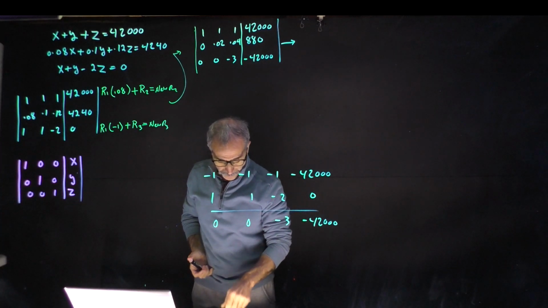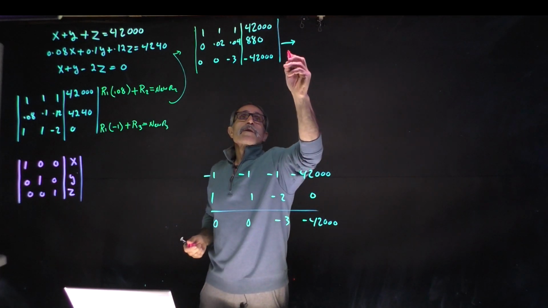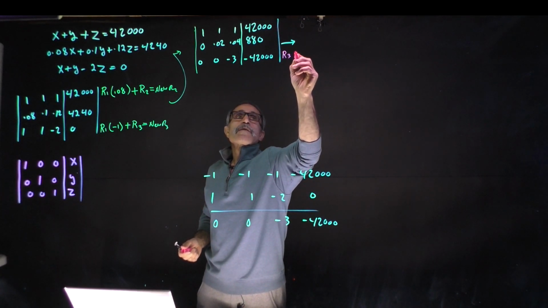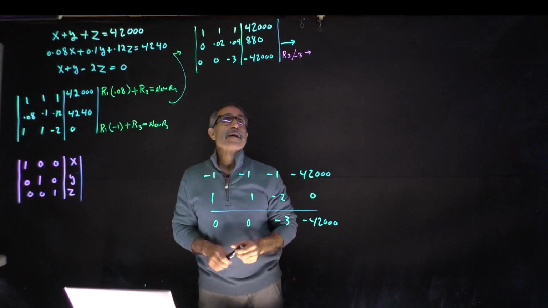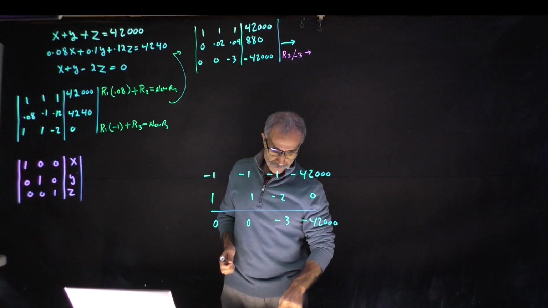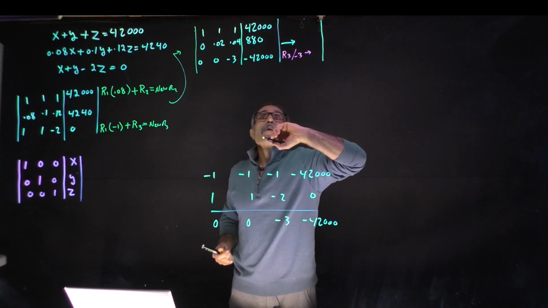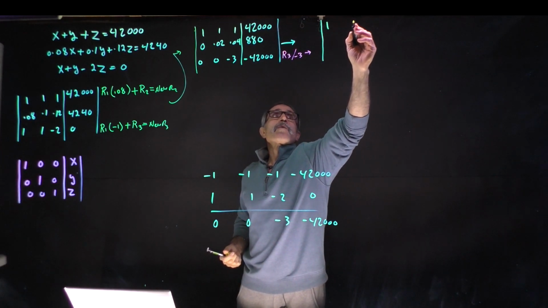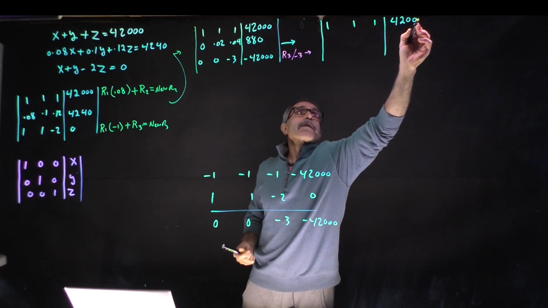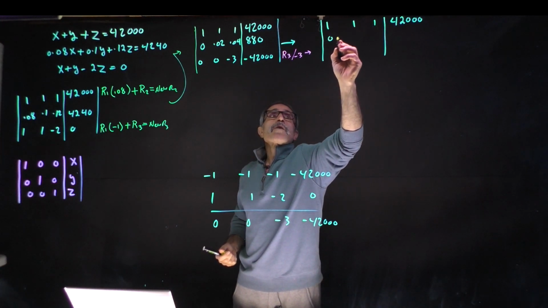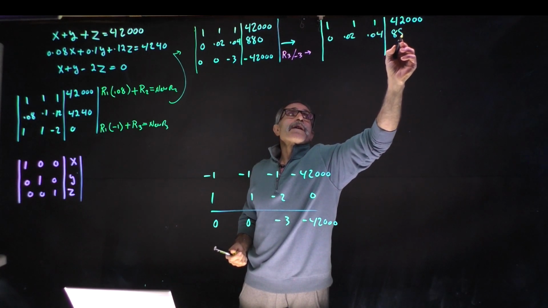So I'm going to say, okay, let's use a different color. We're going to say, okay, row number 3, divide that by -3. So if I do that, row 1 will stay the same: 1, 1, 1, 42,000, and row 2 will be 0, 0.02, 0.04, 880.